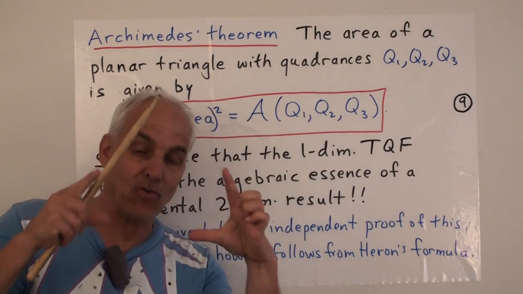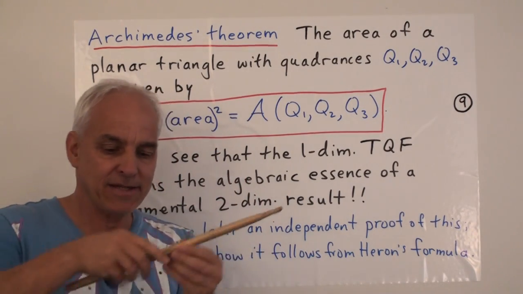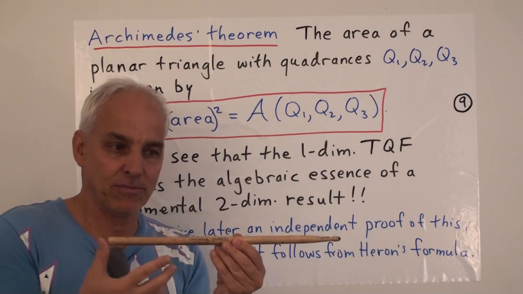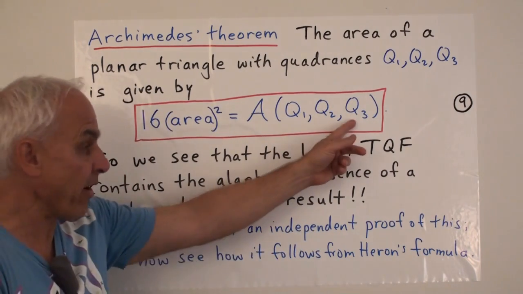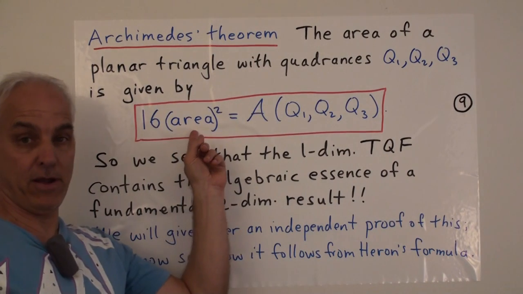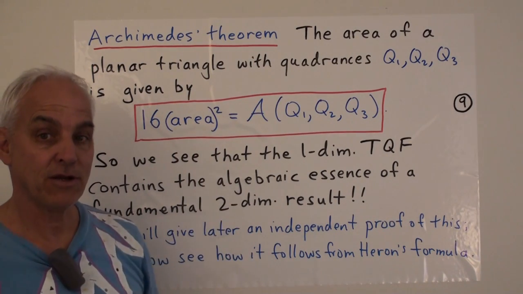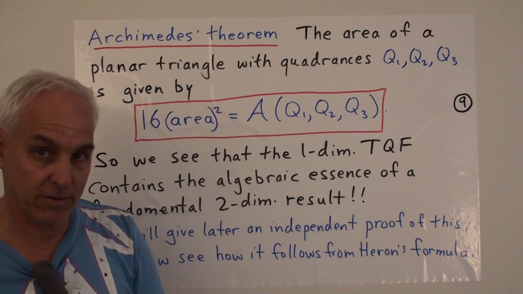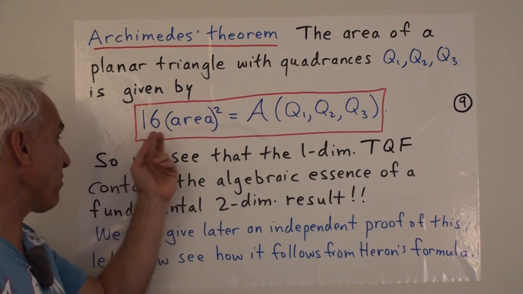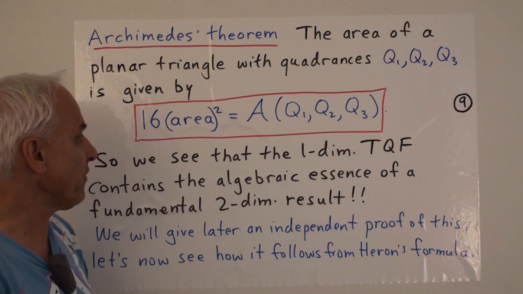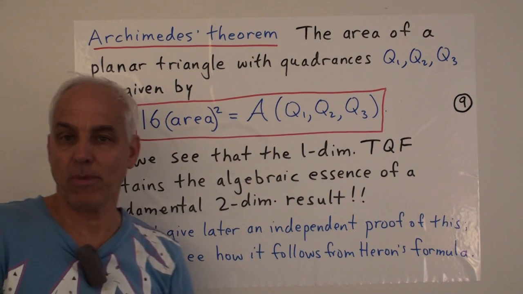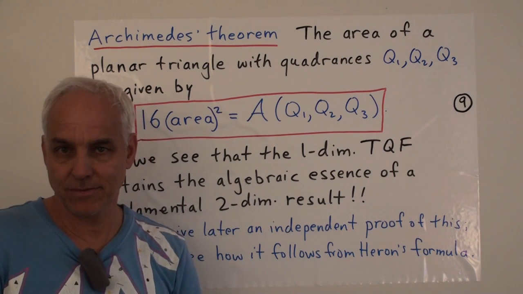When we get to a triangle in the plane, this same relation that occurred first in the one-dimensional case is exactly what we require to get at the area. Well, actually, to get at the square of the area. And there happens to be some constant 16 here, which is sort of an accident of the normalizations that we've chosen.